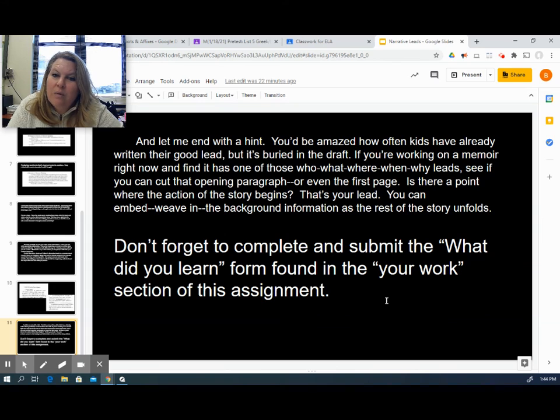Look for a point where the action of the story begins. That's your lead. You can embed or weave in the background information as the rest of the story unfolds.